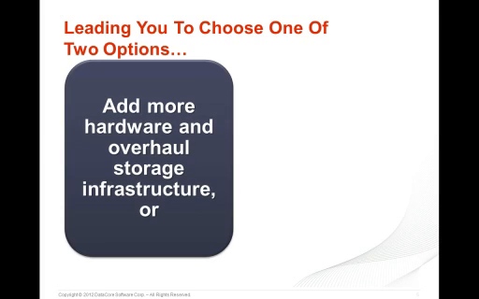But there are two options to achieve this. The first option is to add more hardware. If I need performance, I need to add more spindles, so that adding more disk takes the load for performance. I have to overhaul my storage infrastructure.